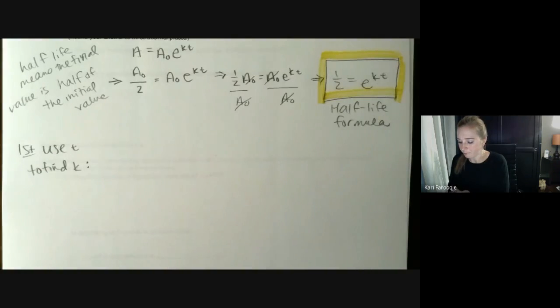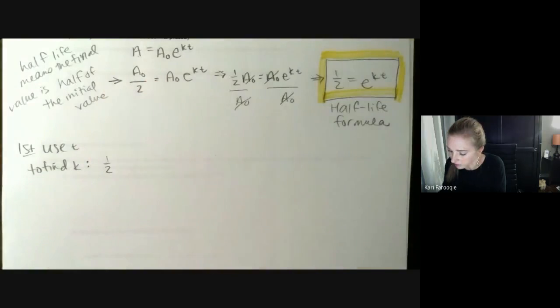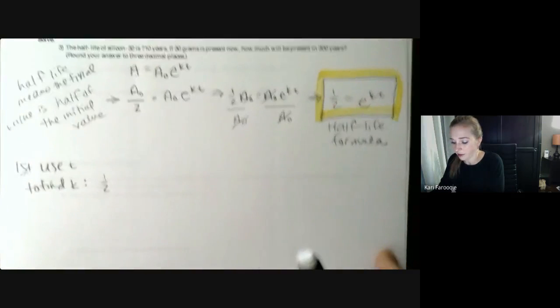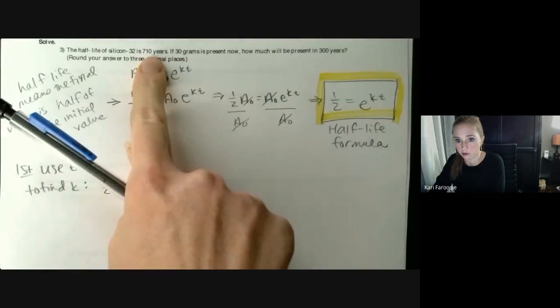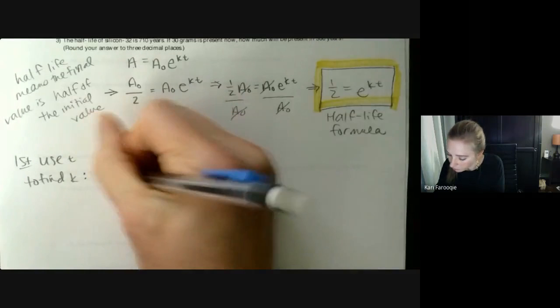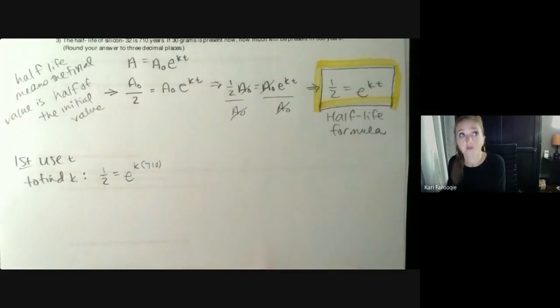So we're going to use t to find k. That means that we're going to let t be this number of years that it takes for silicon-32 to become half of its value, which is 710. So we have 1/2 equals e to the k times 710.